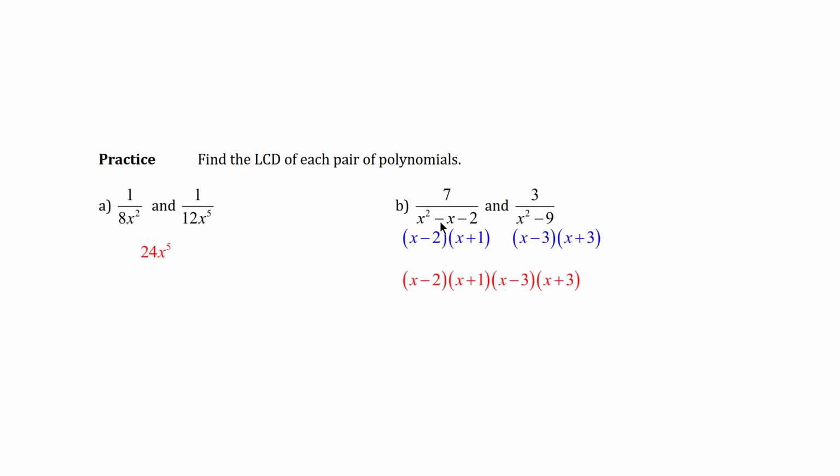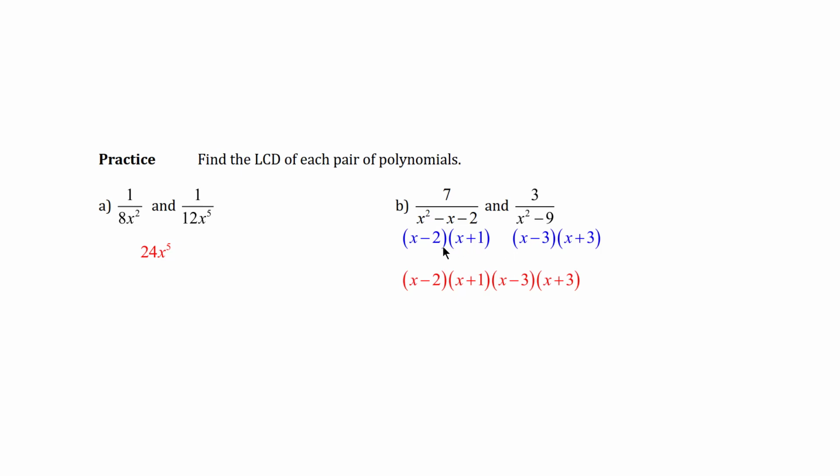X squared minus x minus 2 can be factored using the x method. The result is parentheses x minus 2 times parentheses x plus 1. Factoring x squared minus 9 as a difference of squares, we get parentheses x minus 3 times parentheses x plus 3. Next, we include all of the unique factors from each denominator.